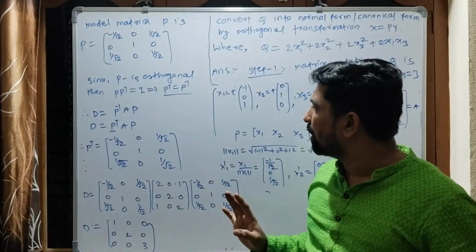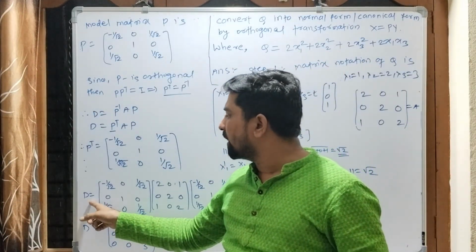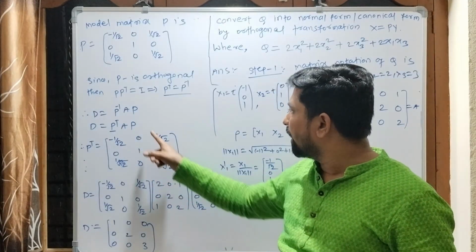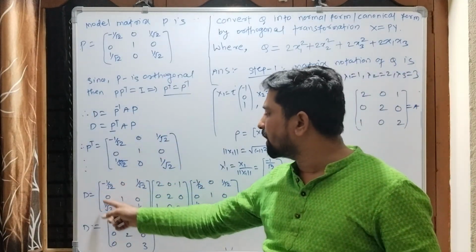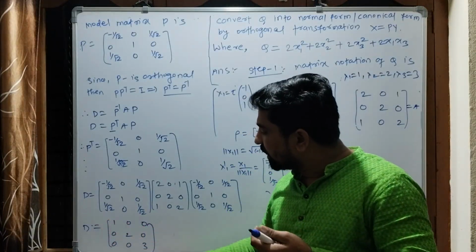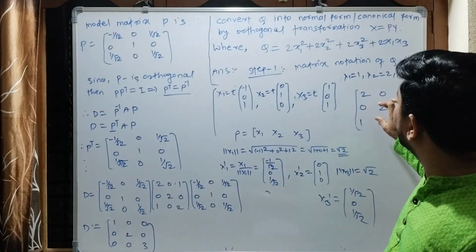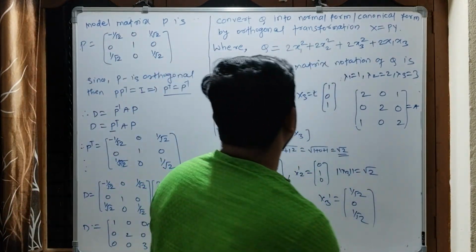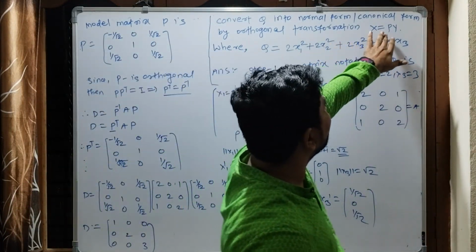So here I am writing D equal to P transpose A, and this is my P. The matrix multiplication of these three matrices becomes the diagonal matrix having diagonal entries as the eigenvalues of this given matrix A.